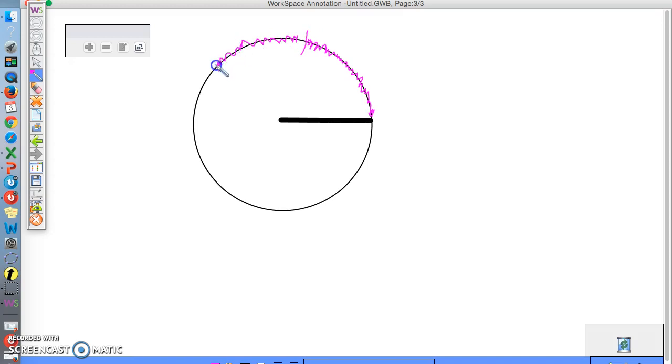Put another radius, here is 2, 3, 4, 5, 6. It takes 6 radii to make it around the circle.